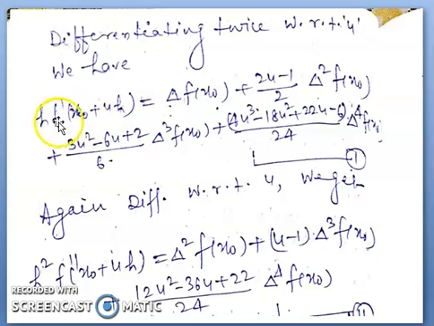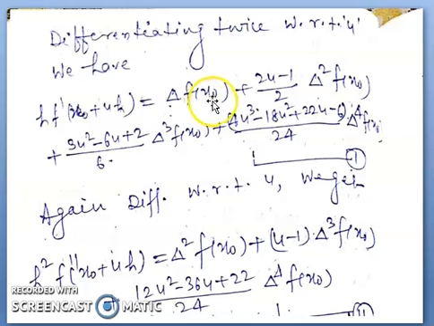It becomes h of f dash (x0 plus uh). First we differentiate f, it becomes f dash (x0 plus uh), and the derivative of uh is h. So it becomes h of f dash (x0 plus uh).